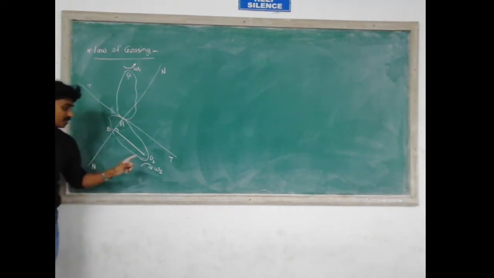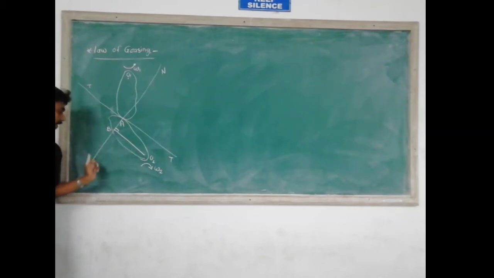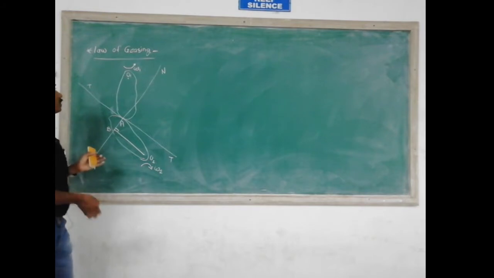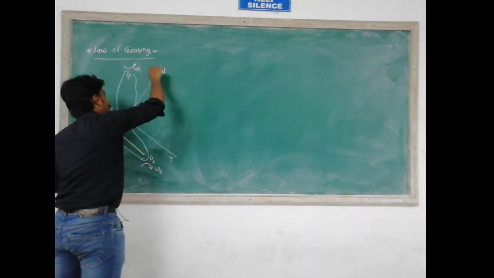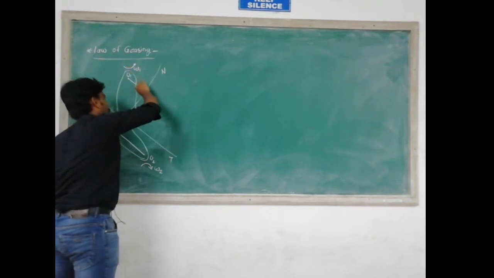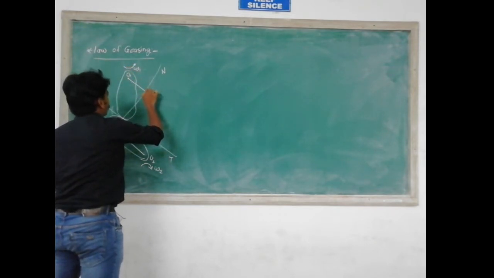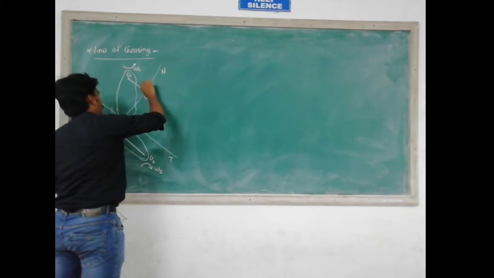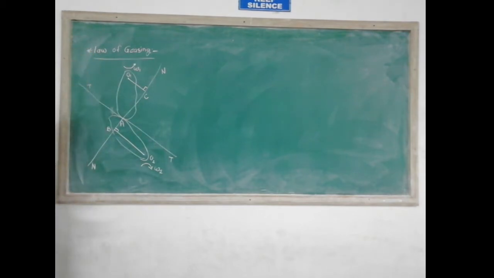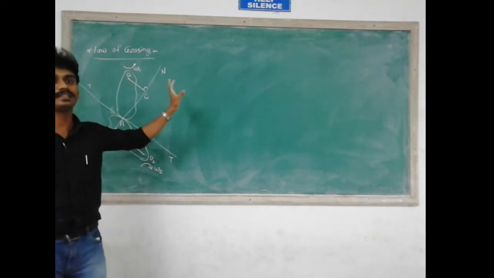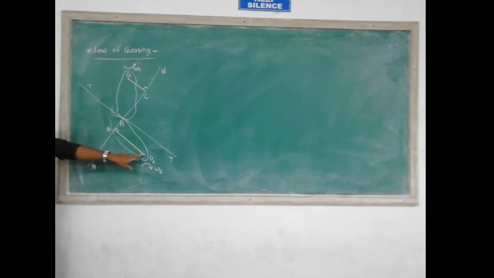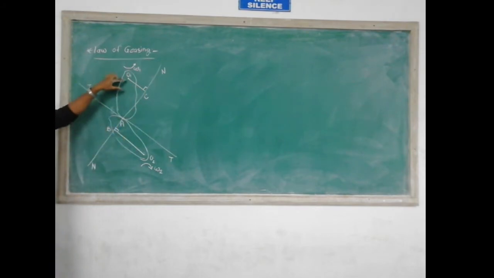We draw one line which passes through the point O2 and is perpendicular to the line N. Similarly, we draw another line which is perpendicular to N and passes through the point O1, and mark it as point C. We obtain the points B and C.